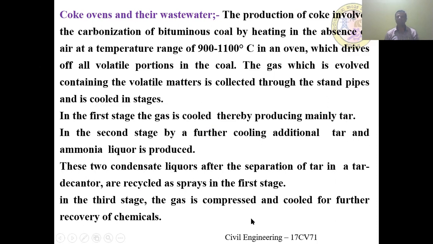In the third stage, the gas is compressed and cooled further for recovery of chemicals. So here in the coke oven, we heat it through carbonization at 900 to 1100 degrees centigrade, and at different stages we cool the volatile matter to get tar, ammonia liquor, and some other chemicals.